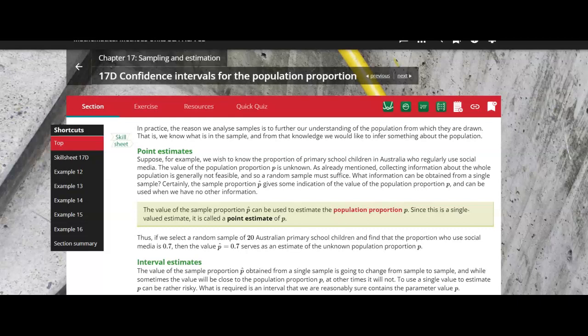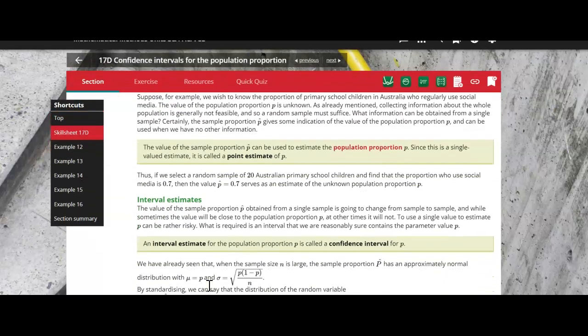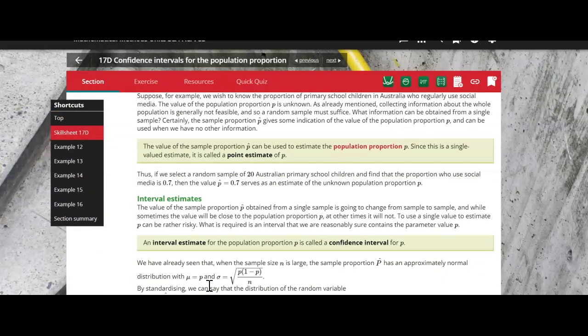So obviously the larger your sample size, the closer that sample proportion will be to your population proportion. And we call that the point estimate of p. So just basically population proportion is equal to sample proportion in very large sample sizes.